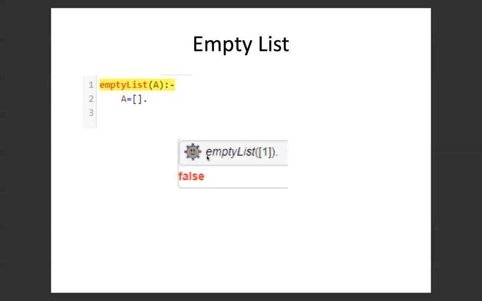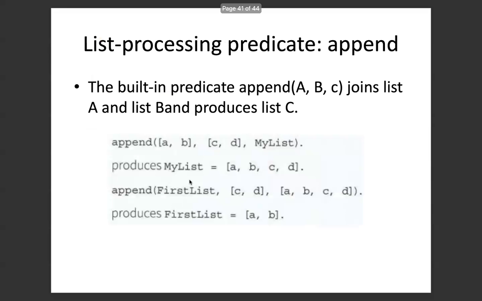Now I am checking if [1], a list with the value 1 in it, is an empty list. It returns false, because the rule states that, let's say it instantiates this list with A. Does A have nothing in it? No, A has 1 in it.